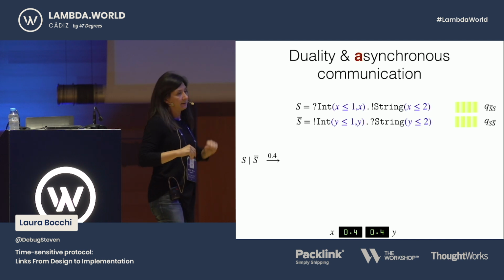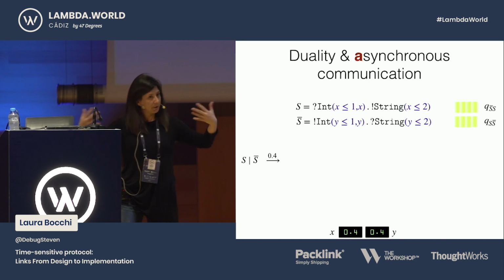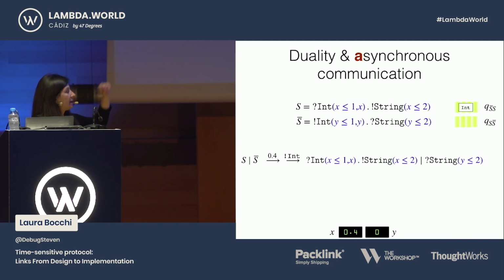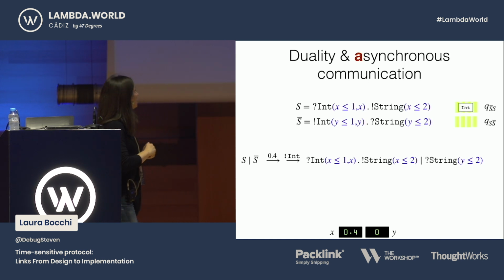And the clocks are both updated. Time flows at the same pace for the whole system, so time progresses. And then the dual of S sends the integer, which is placed in the queue. And then what you see after is the remaining bits of interaction without the send of the integer.